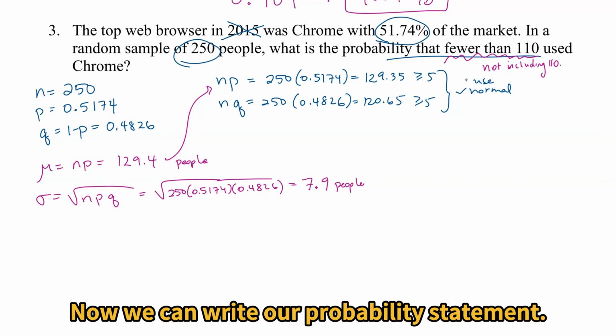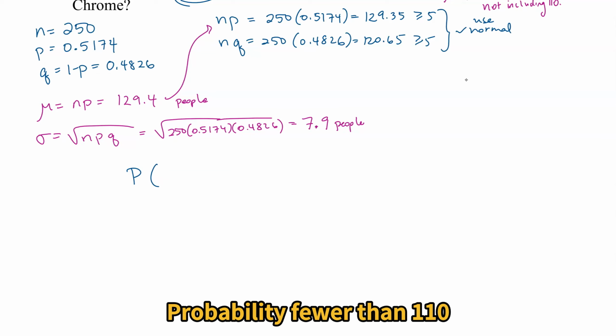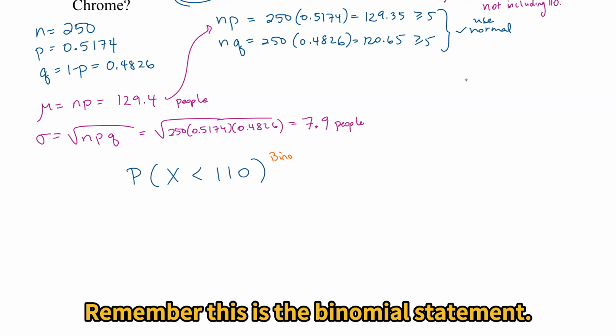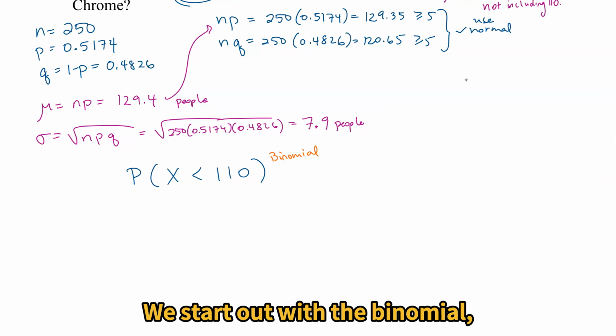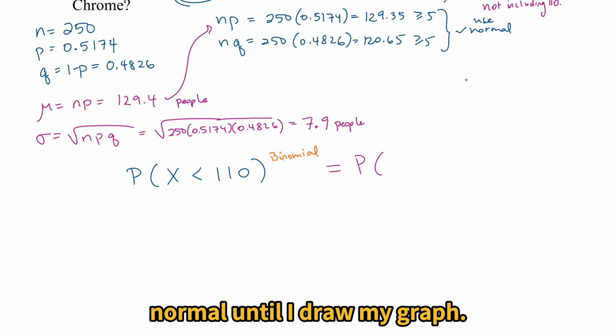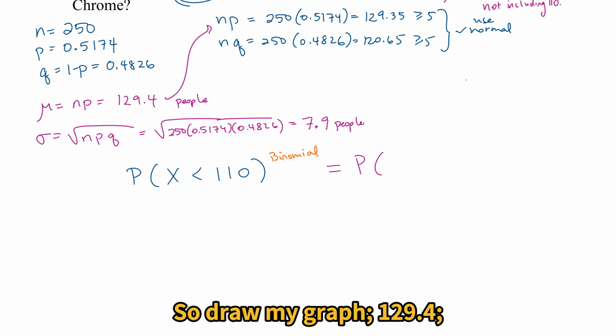All right. Now we can write our probability statement. Probability fewer than 110. X is less than 110. Remember, this is the binomial statement. We start out with the binomial, and then we need to transition to the normal. And I don't like doing the normal until I draw my graph. So, drawing my graph, 129.4.